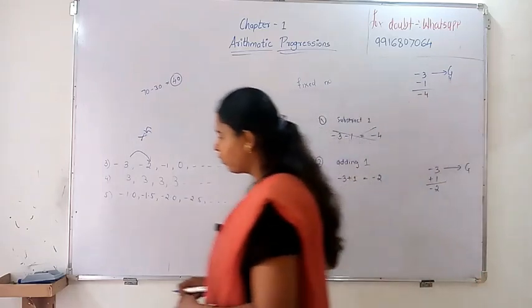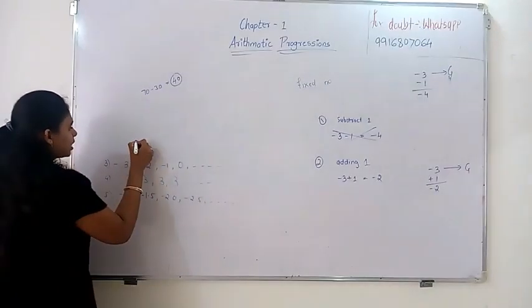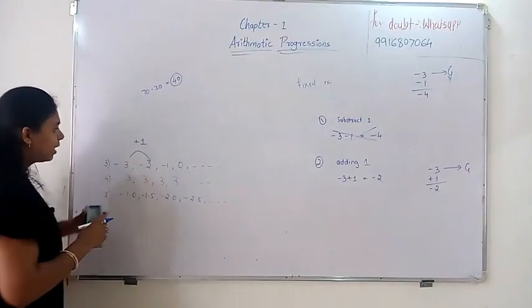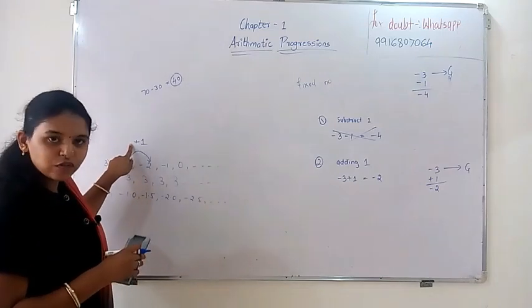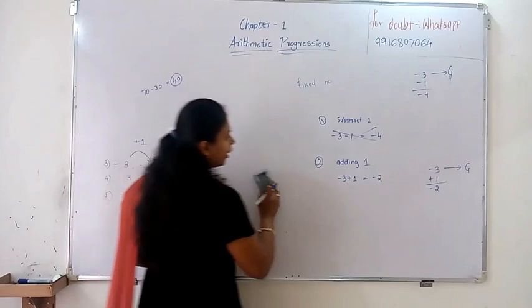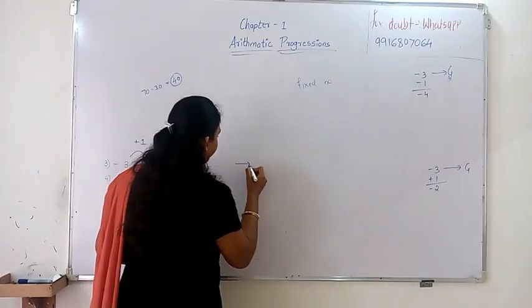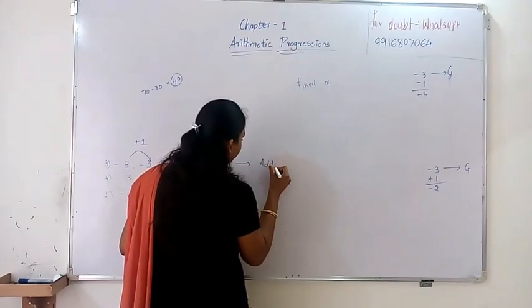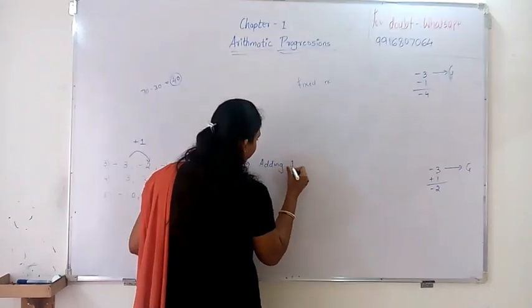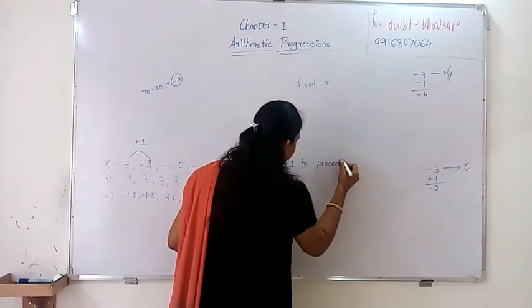-3 + 1 we are getting -2. It means that we have to add +1, means we are adding. So we have to add +1 to the preceding term. I'll write here: adding 1 to preceding term.